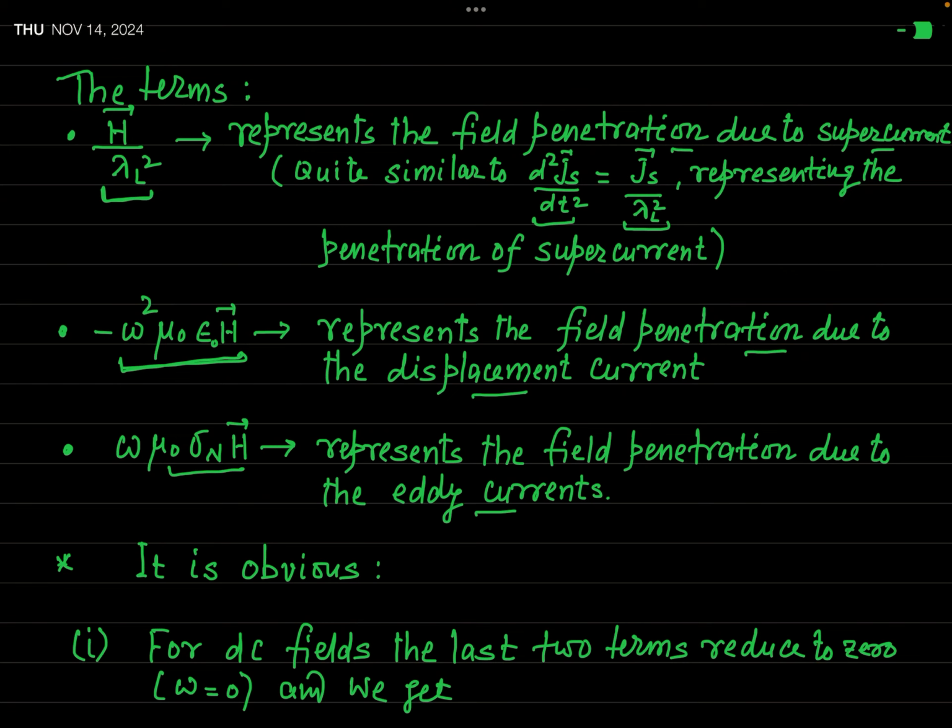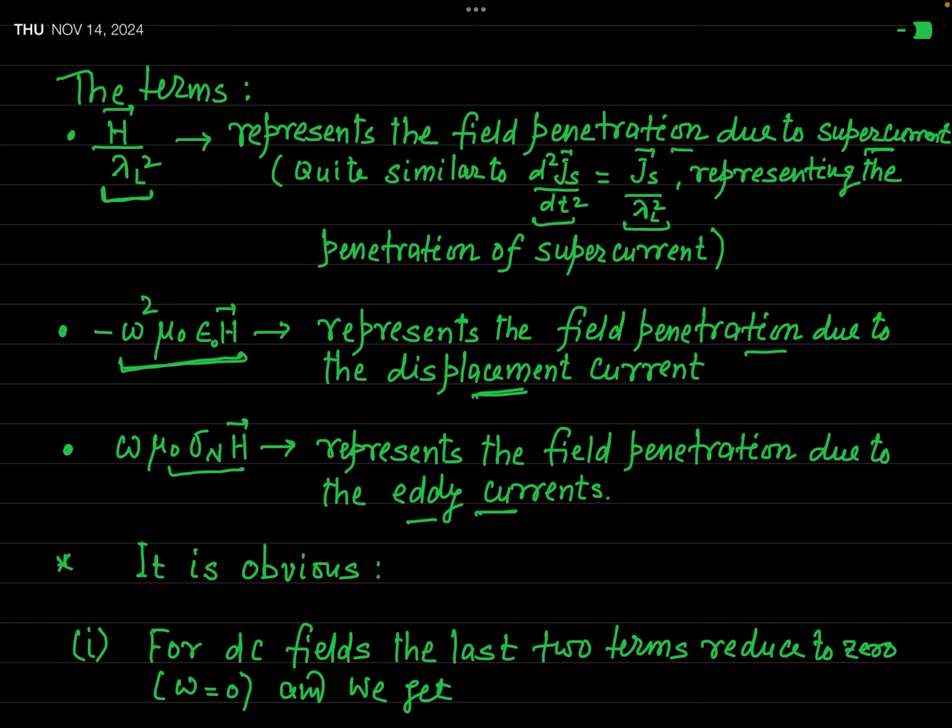First of all, you have seen that penetration of magnetic field is due to the supercurrent. Then the penetration of magnetic field into the surface is due to the displacement current, and finally penetration into the surface of the superconductor also takes place due to eddy current.